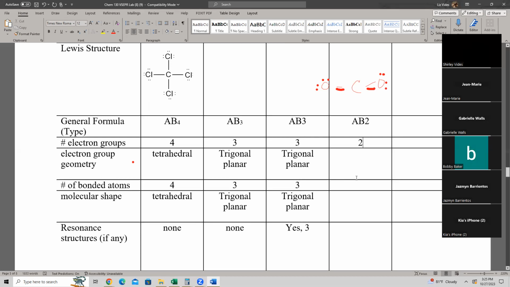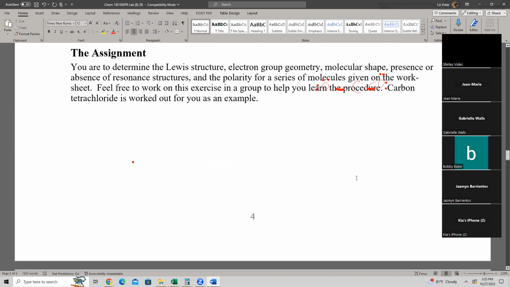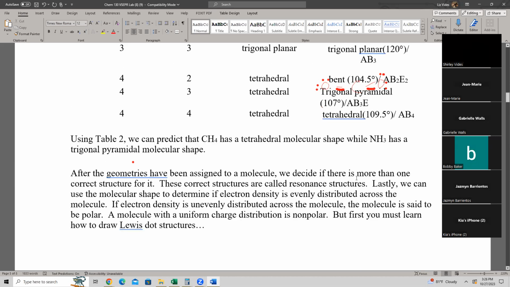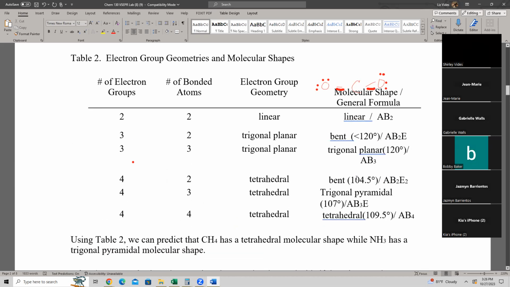Now, since we do not know what this one is, let's go look at our chart. Okay, there it is. Look, number of electron groups, 2. It is called linear. Okay, and it's an AB2. And by the way, the angle, which is not on here, it's 180.